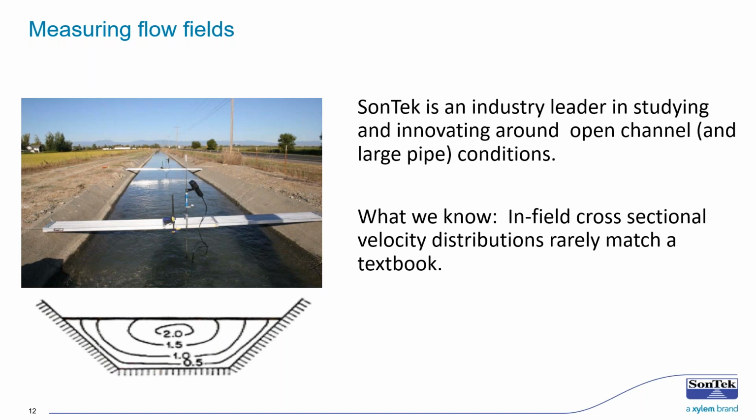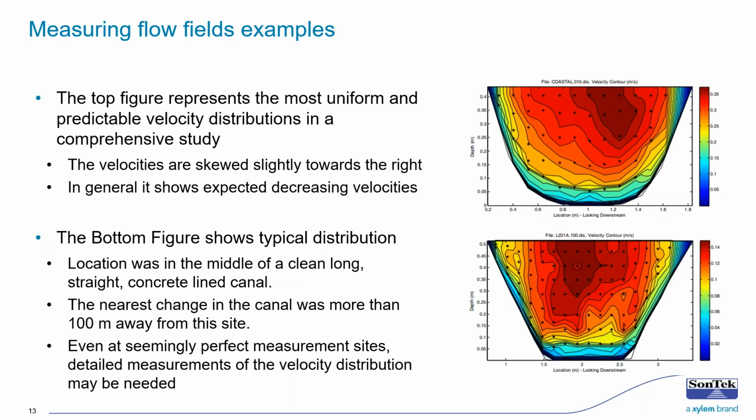But what we learned in our studies is that this is rarely an actual real condition. These are what these sites actually end up looking like. On the top right, you can see one of the more uniform and predictable velocity distributions throughout our study. What you'll notice right away is the velocity isn't in the center of the channel as you'd expect.